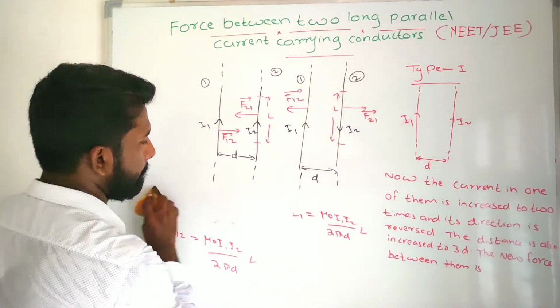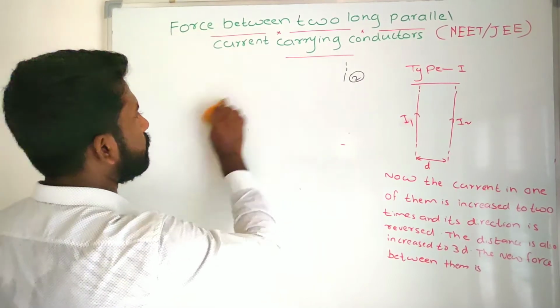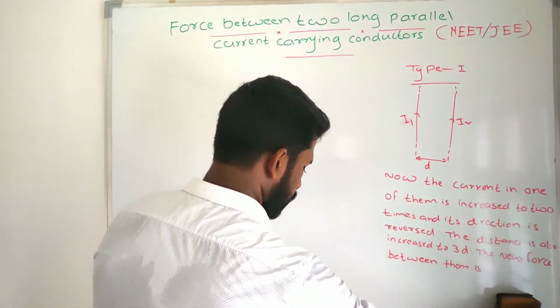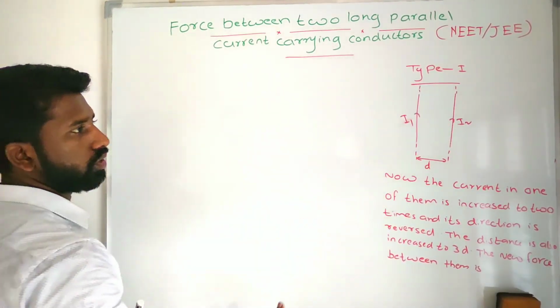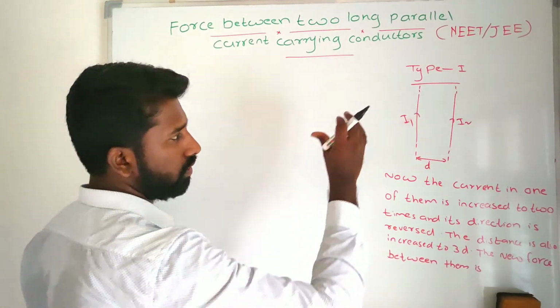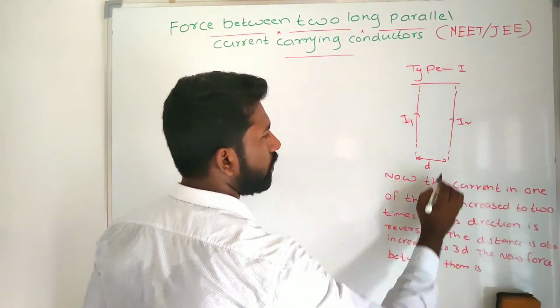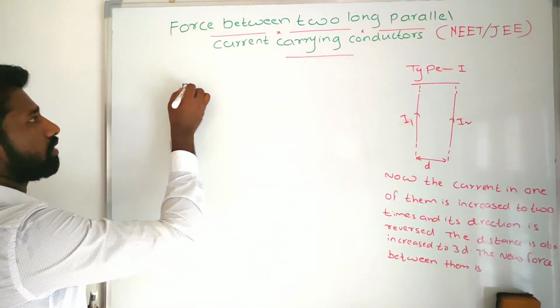Now you see. So initially this is the case. Okay, these two current carrying conductors are placed this distance apart. So here you see that the currents are going in the same direction. So the force is attractive.